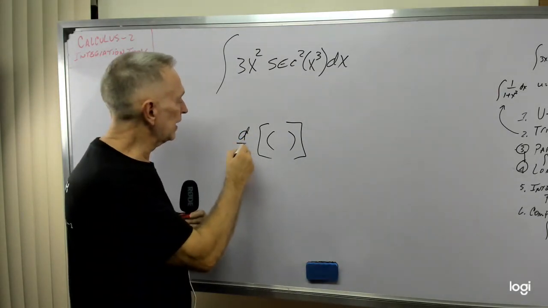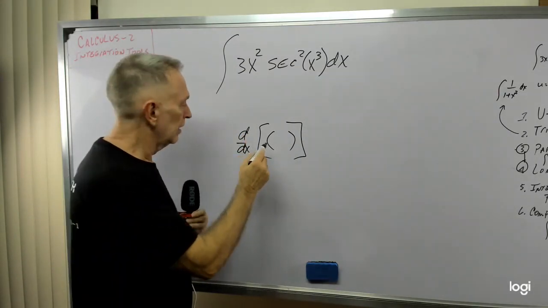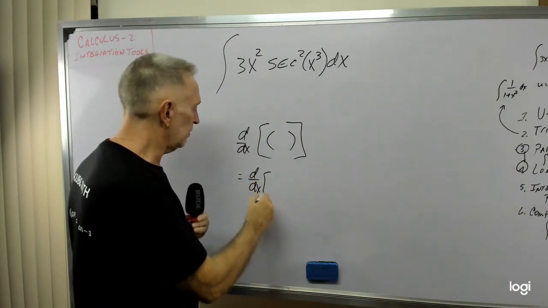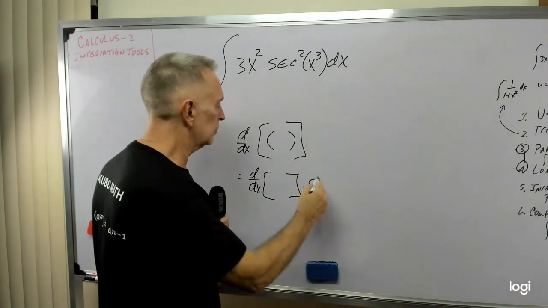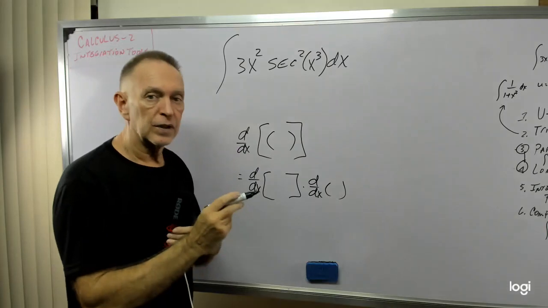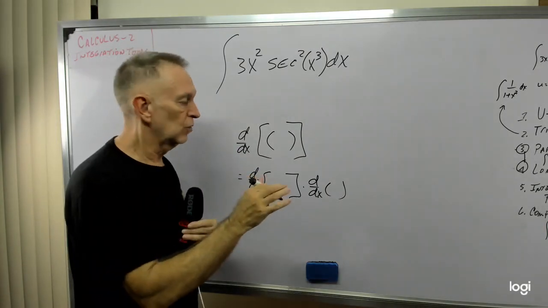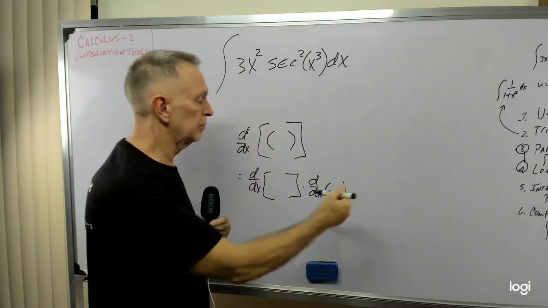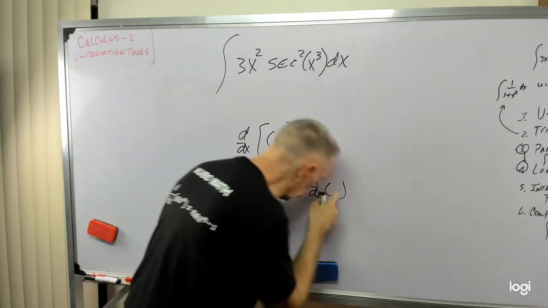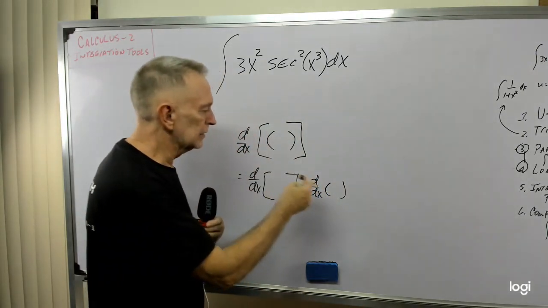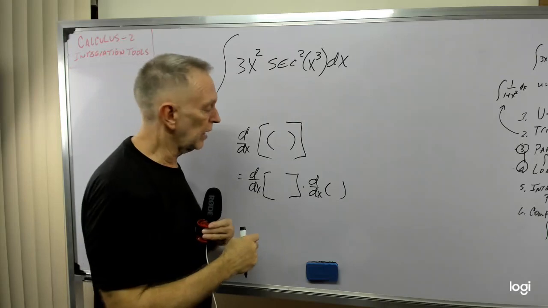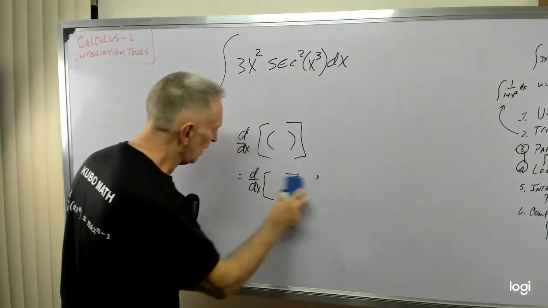And if we were taking the derivative of that, it would equal the derivative of the outside times the derivative of the inside. In integration, especially U-Sub, we're doing the opposite of that. We're going to focus on this function and see if we can gain insight into the rest of the problem with that. So let's try that.